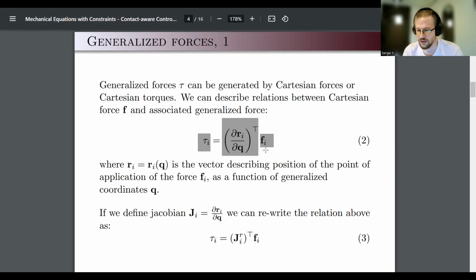You saw a similar relation, some kind of Jacobian transposed like this, right? Hopefully you saw that.